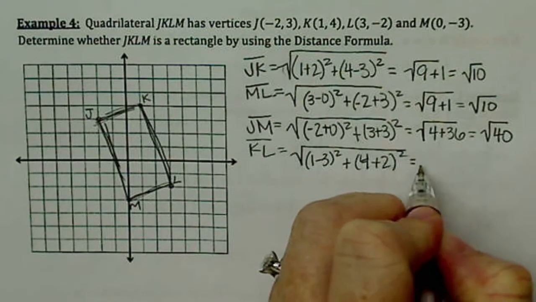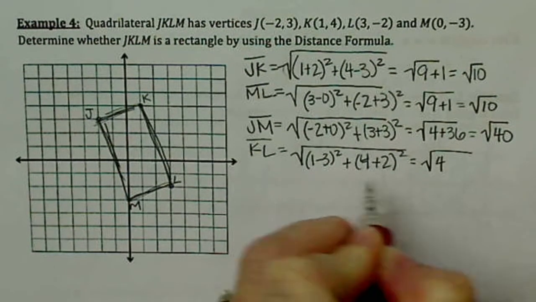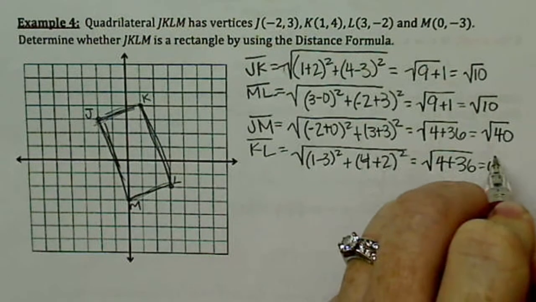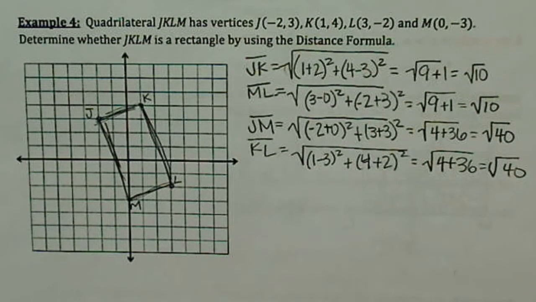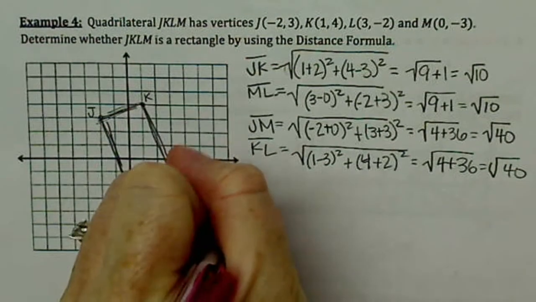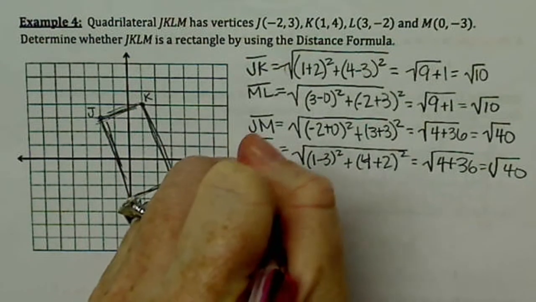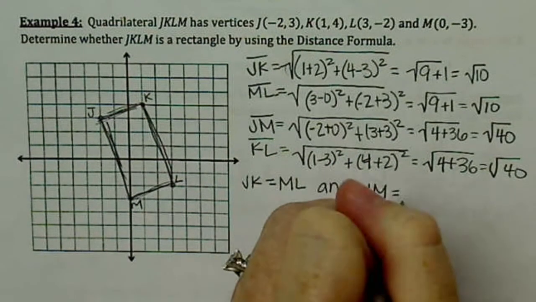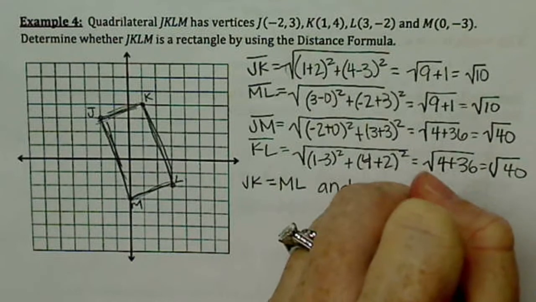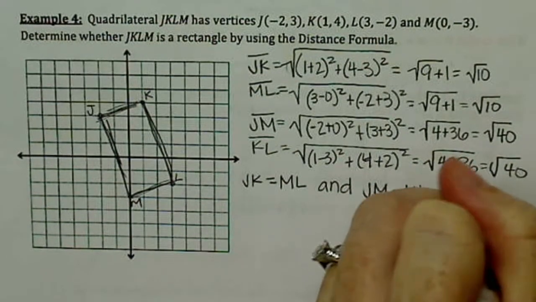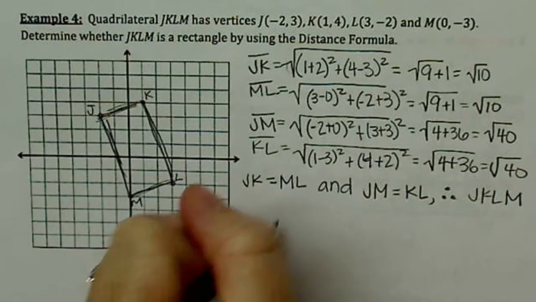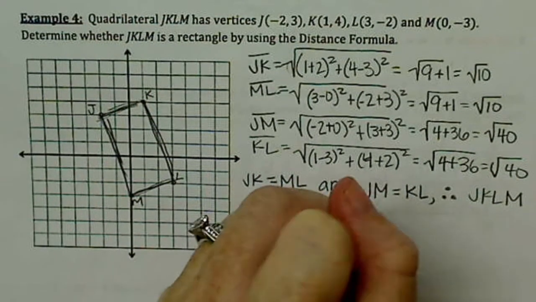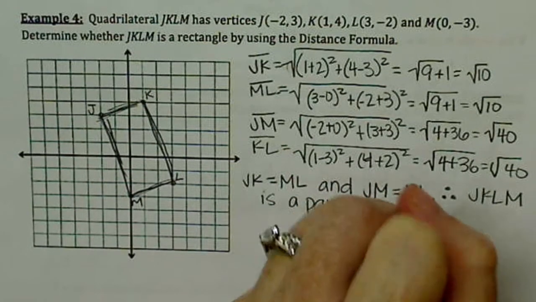Okay, 1 minus 3, negative 2, square it, 4. 4 plus 2, 6, squared, 36. Okay, so we need to state JK equals ML and JM equals KL. Therefore, JKLM is a parallelogram.